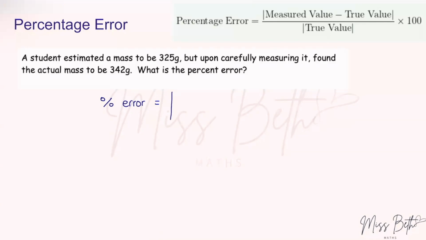So you want the absolute value of 325, subtract 342, all divided by 342, and then multiplied by 100. Okay, again, we just pop this into our calculator.